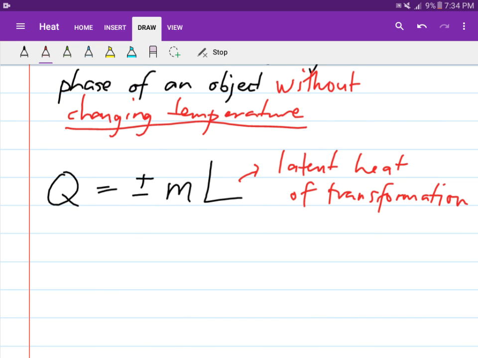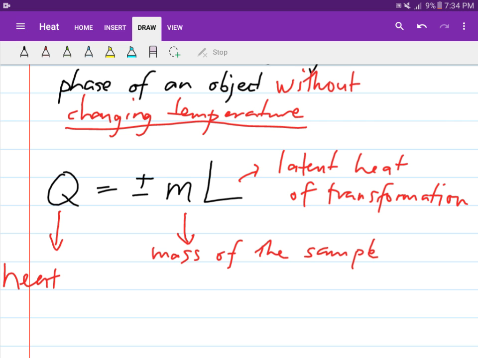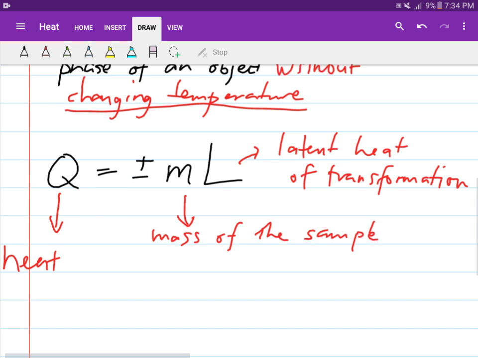M here is the mass of, for example, the sample. And Q is the amount of heat needed to melt or to evaporate the object.